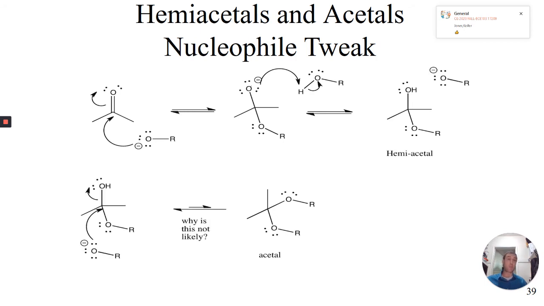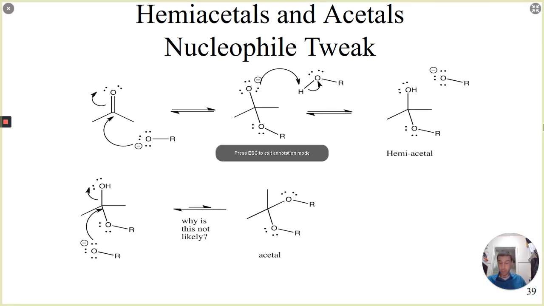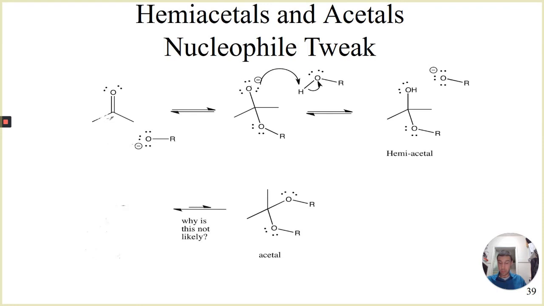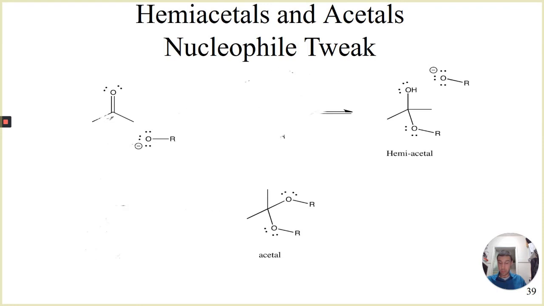When we go through and run the nucleophile tweak, as I'm calling it, we don't get a high concentration of acetals. This becomes great for a multiple choice exam because what we can do is give you the starting material up here and then say, what product do you get? So you'll see the hemiacetal, you'll see the acetal, you'll probably even see the hydrate just for giggles.